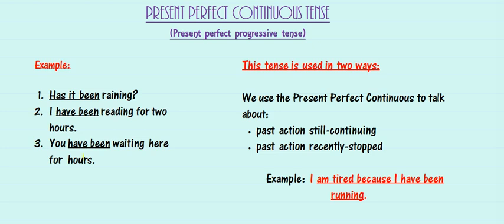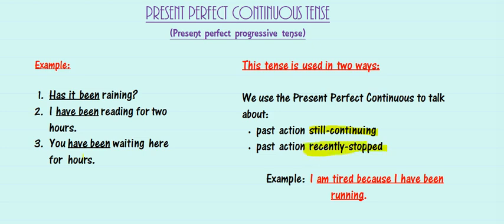So let's get started. Let's see where we use this tense or what are the uses of the perfect continuous tense. We use the perfect continuous to talk about basically two things. The very first thing is a past action which is either still continuing, or the past action which has recently stopped.